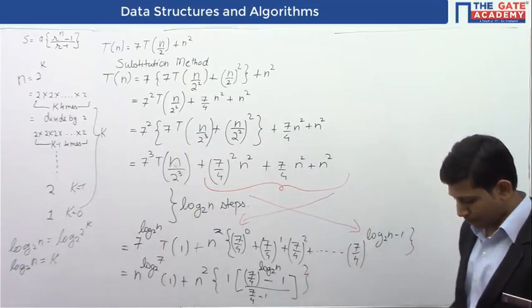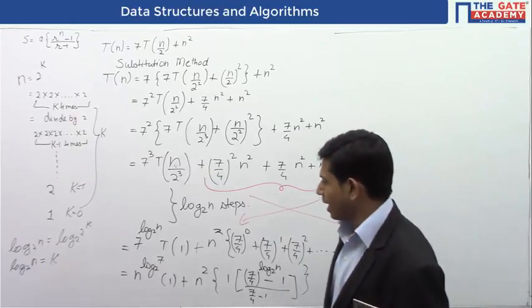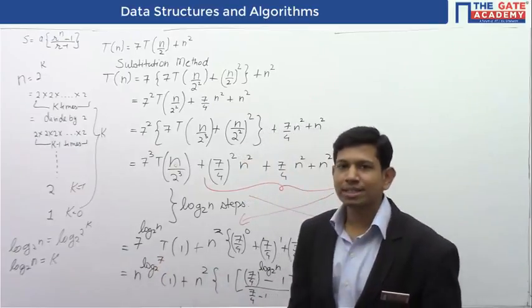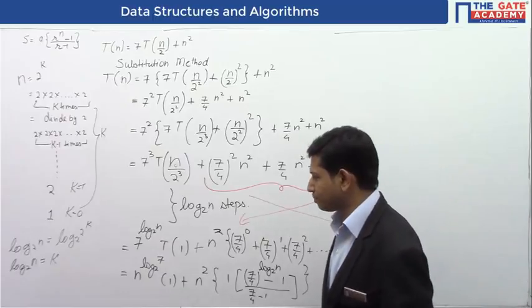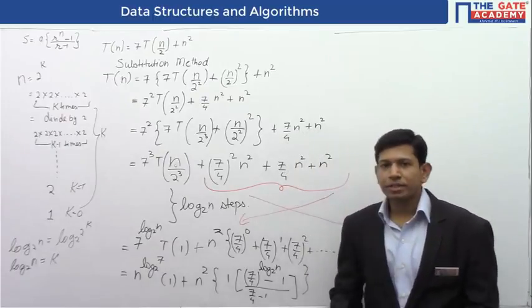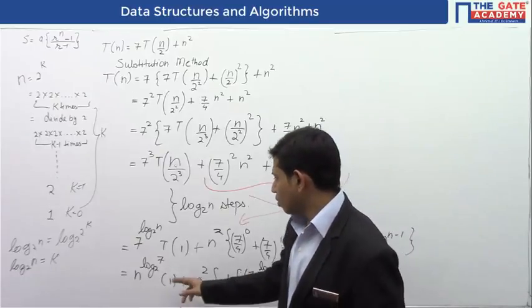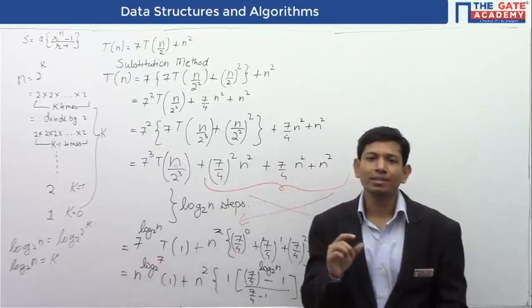So this is the sum of the GP. Now let's try to simplify. Here we have n raised to the power log of 7 base 2. What is the value of n raised to the power log of 7 base 2? 2 raised to the power 2 is 4, 2 raised to the power 3 is 8. So log of 7 base 2 is somewhere between 2 and 3.